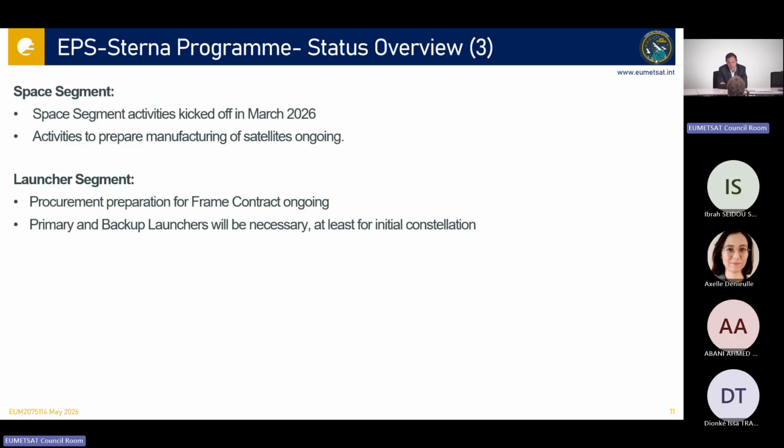On the space segment, we kicked off in March, and the work also is ongoing. Critical will be the delivery of the instrument, which is, as of today, proceeding nominally. And on the launcher segment, we are also about to release the ITT for the selection of the frame contract members, because we will use a frame contract for the selection of launcher providers.